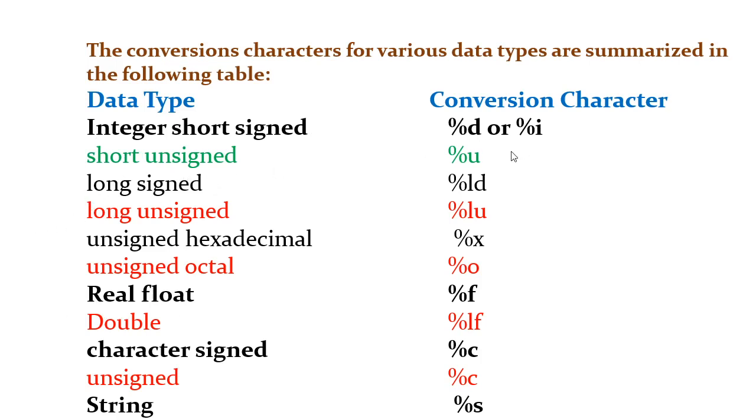Short unsigned is %u, long signed %ld, long unsigned %lu, unsigned hexadecimal %x, unsigned octal %o, real float %f, double %lf, character signed or unsigned %c, and string is %s, small letter s.